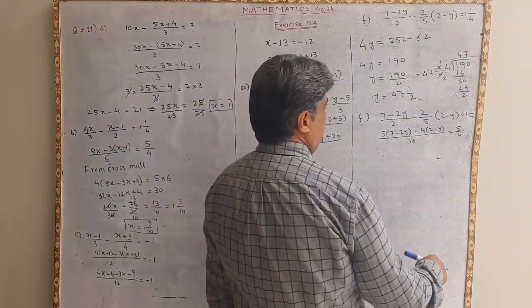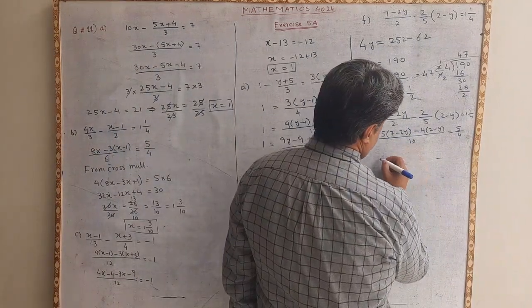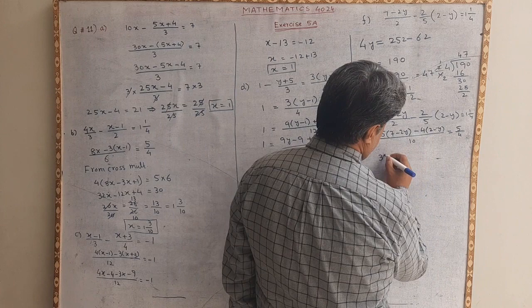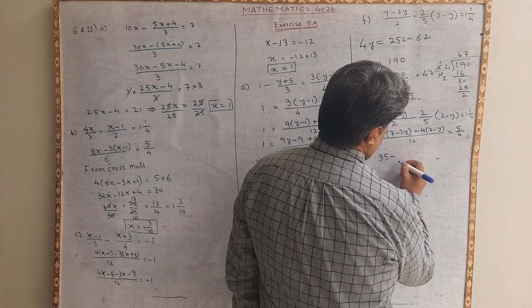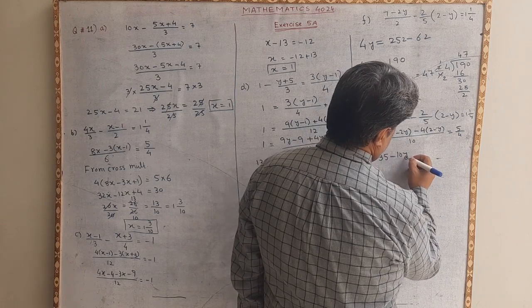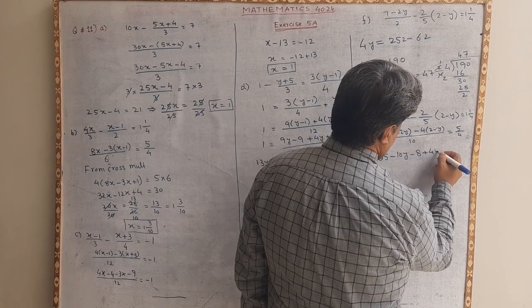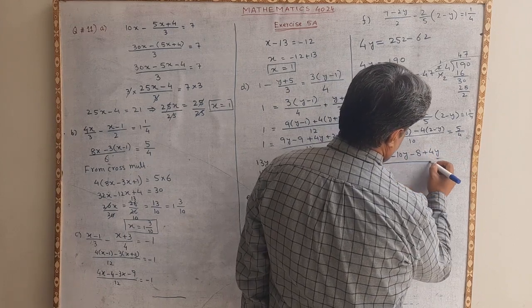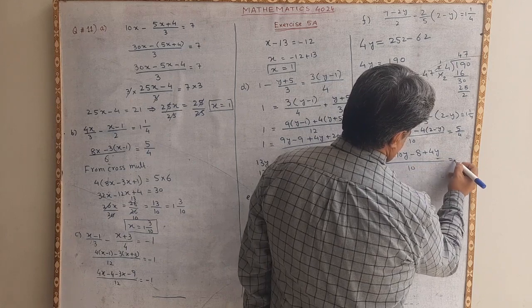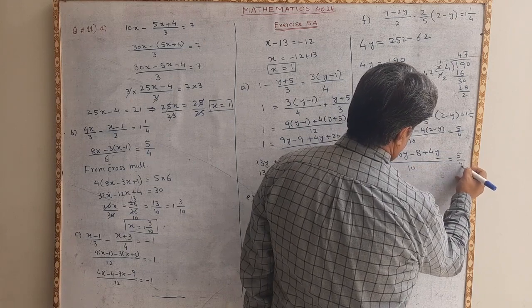Now I have to simplify it. 5 sevens are 35 minus 10y minus 8 plus 4y whole divided by 10 is equal to 5 divided by 4.